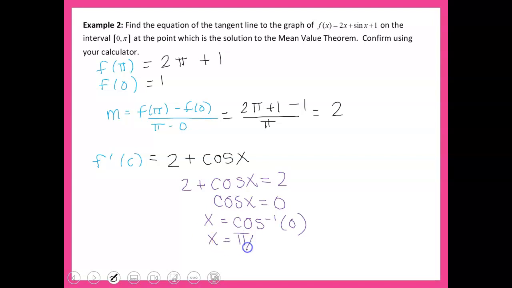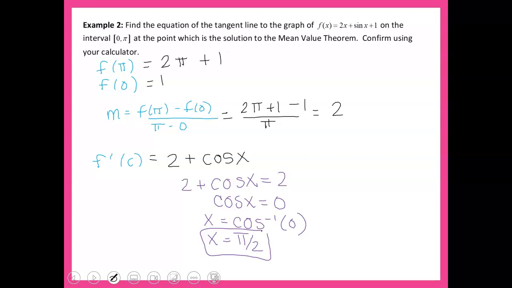Why don't I want 3 pi halves? Because it's not in the interval given.